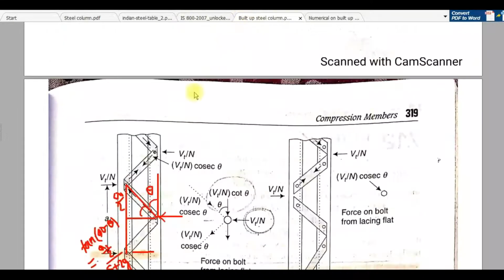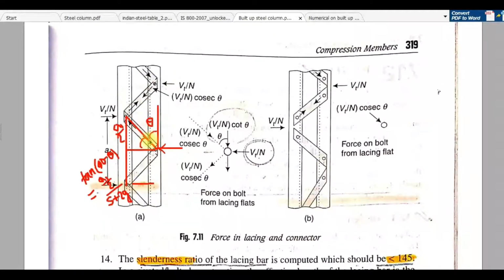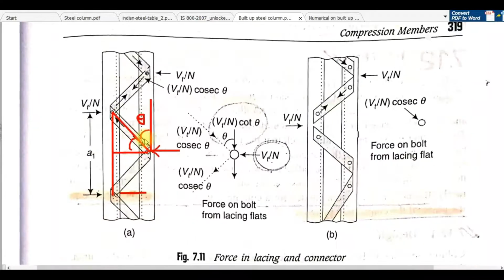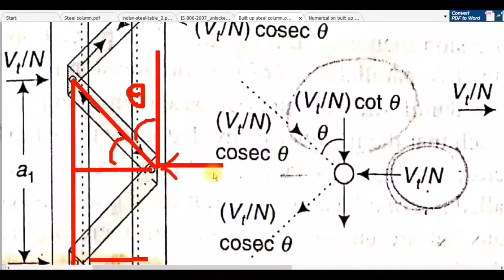Now, what will be that compressive load? For that, let me erase this first. Here you can see this load is coming on this lacing, and you have to find the component along this direction.